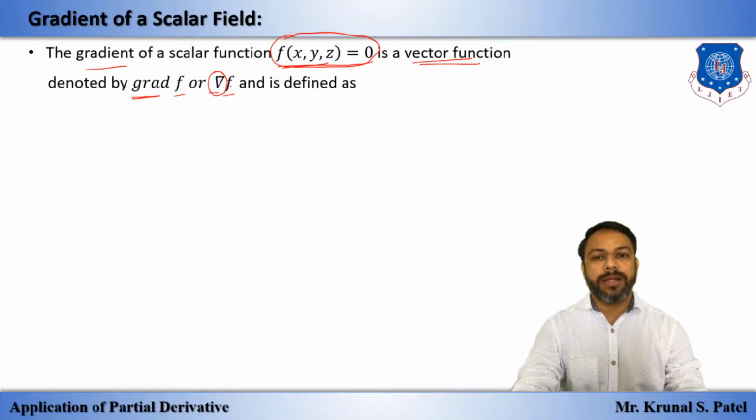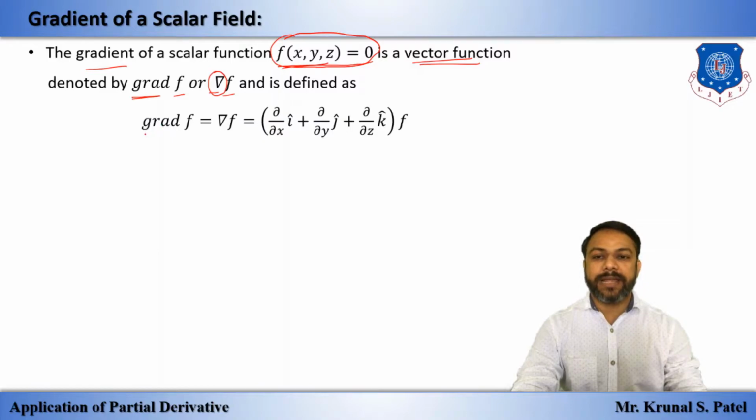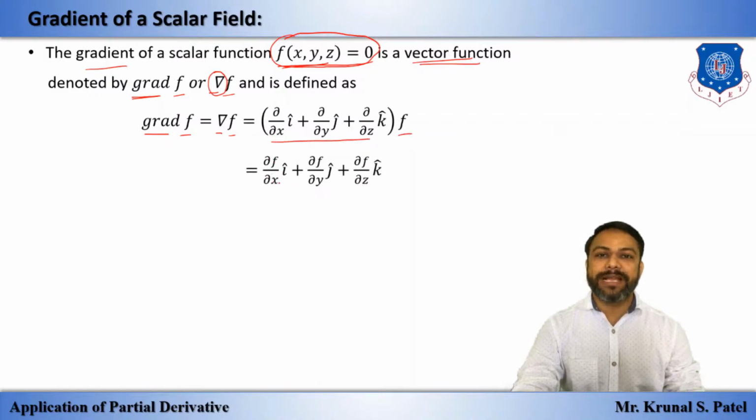Del or nabla is defined as: grad f is equal to del f is equal to del by del x i plus del by del y j plus del by del z k of f. Now if we apply this bracket on f, we have del f by del x into i cap plus del f by del y into j cap plus del f by del z into k cap.